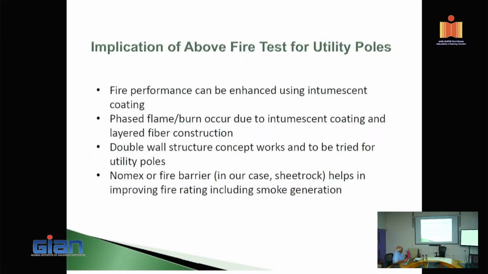The implication of the above test for the utility poles is that fire performance can be enhanced using coatings. Phased flame burn occurs due to intermittent coating and layered fiber construction. That's what I told you, 40 layers of fiber delays it up to 30 minutes.